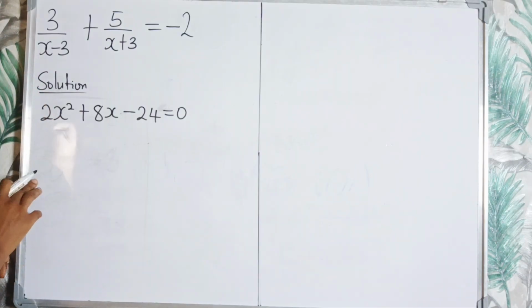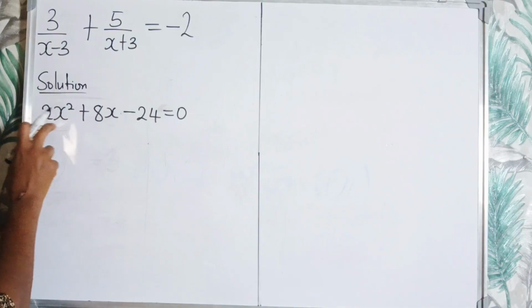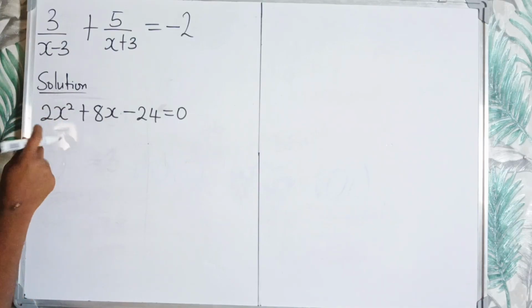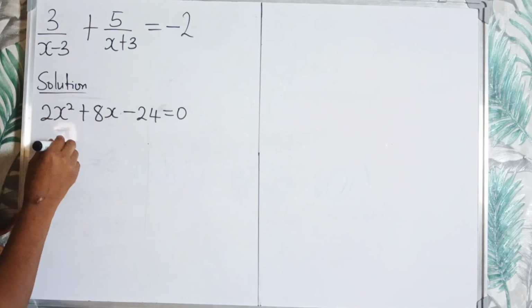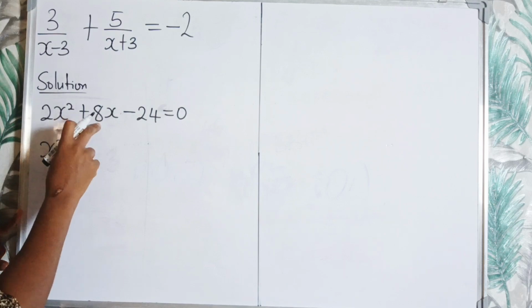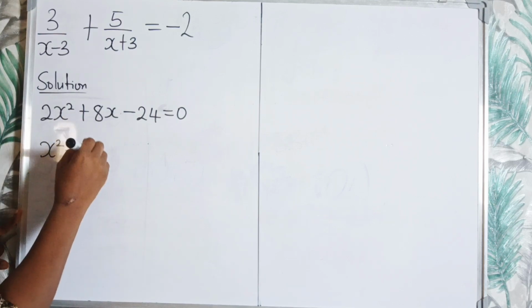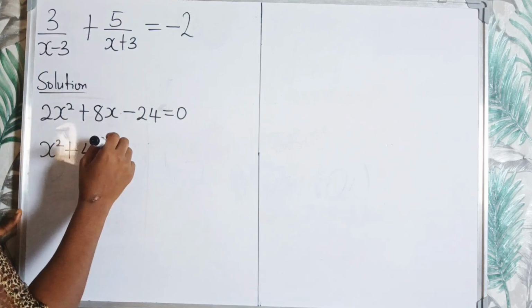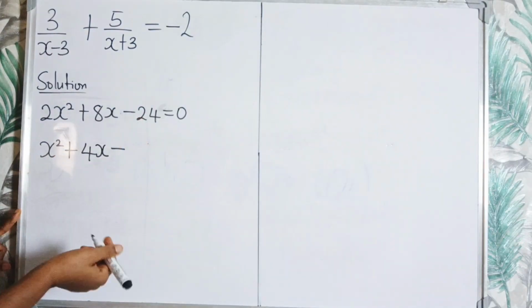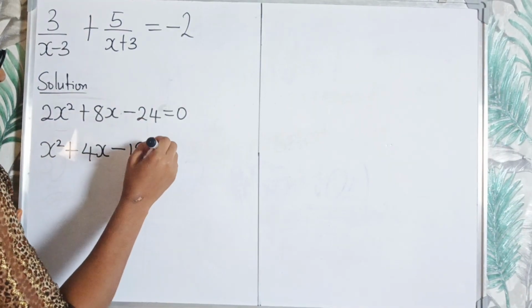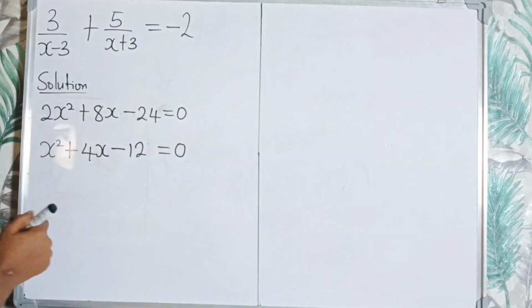If we divide 2x squared by 2, we have x squared, plus 8x divided by 2 is 4x, minus 24 divided by 2 is 12, and this is equal to 0.